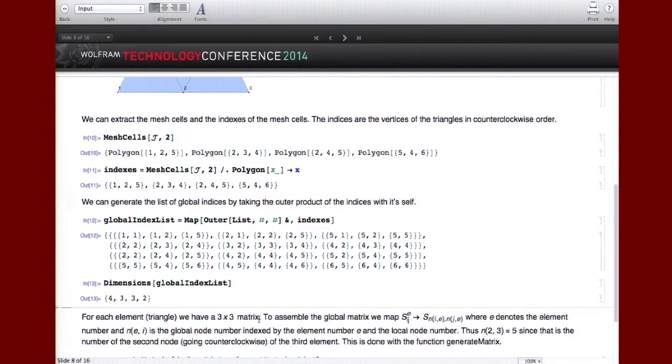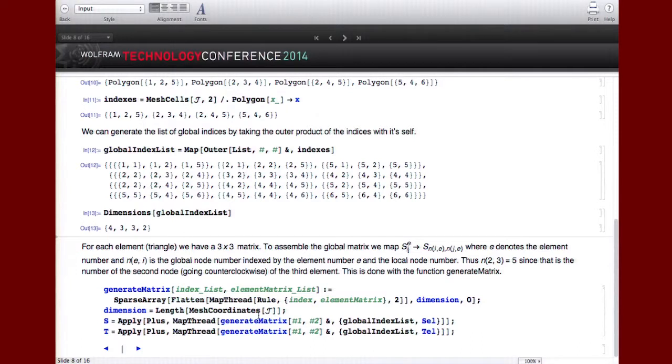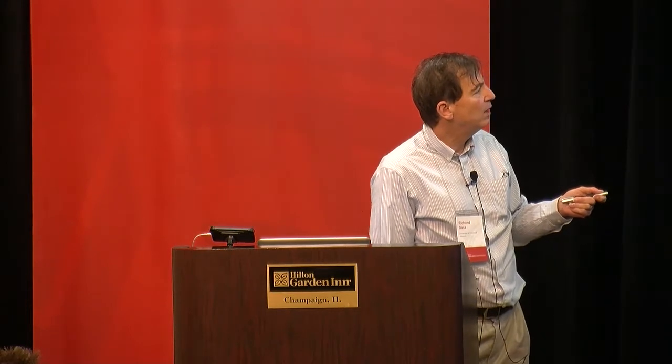In order to assemble our global matrix, the rule is that S_ij of the element, where E stands for element, and I and J stand for the indexes of the element matrix, each of these 3 by 3s, get mapped to N of I element, N of J element, where N_E,I is the global node number indexed by the element number and the local number.